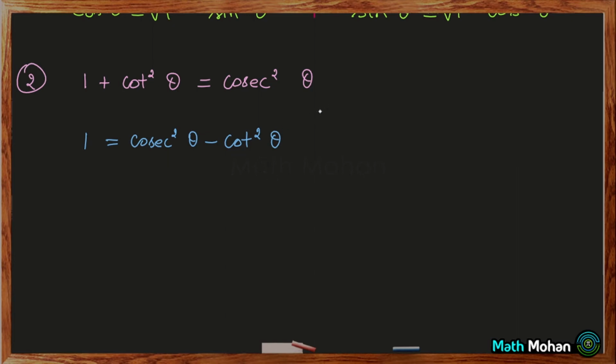Another way is keeping cosecant square theta on one side.